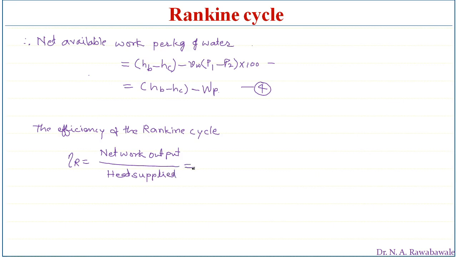So net work done is HB minus HC, bracket minus pump work WP according to equation number 4, whole divided by, according to equation number 1, heat supplied, which is HB minus HFD plus pump work WP.